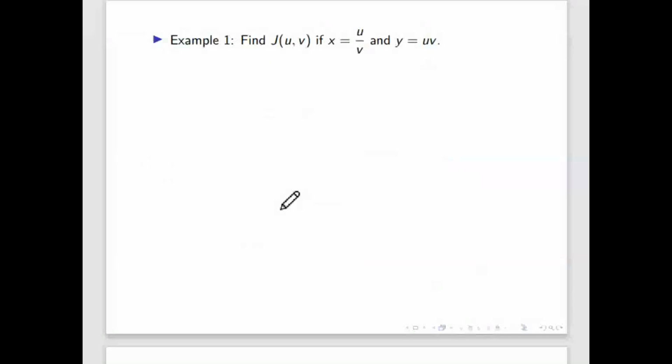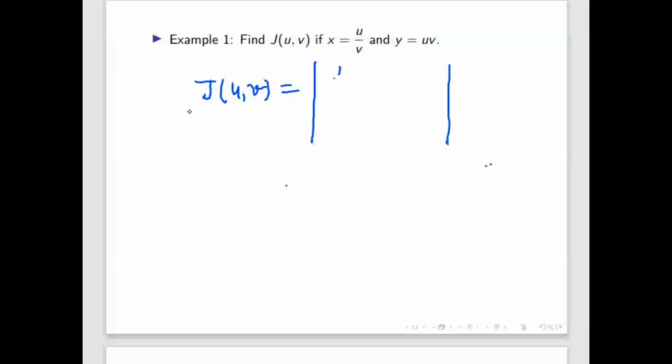So this is the transformation: x equal to u by v is one question, and y equal to u times v. The question is to find the Jacobian of u comma v. Like under this transformation, what will be the Jacobian? Finding the Jacobian is very simple. Here there are two variables, so only a 2 cross 2 matrix will come. First we will differentiate x with respect to u. It will come 1 upon v.